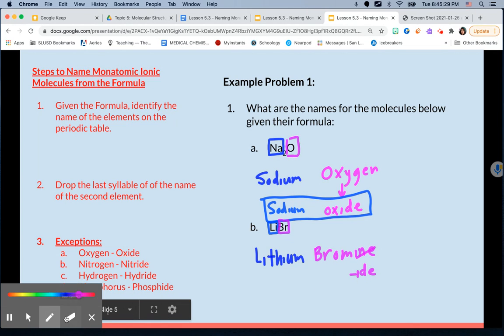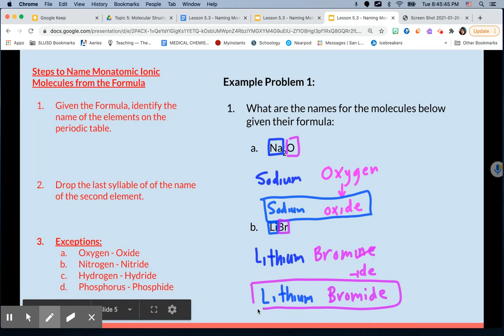My full name is going to be lithium bromide. Bloop. At this point, you should be able to do the next couple of practice problems on your own. Give it a try.